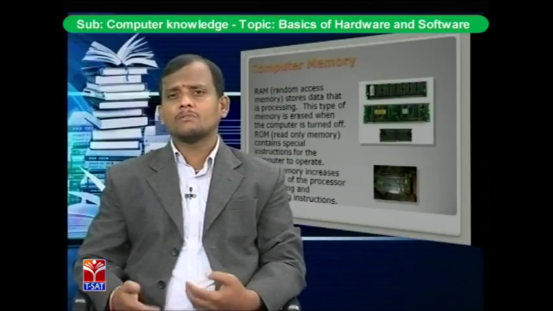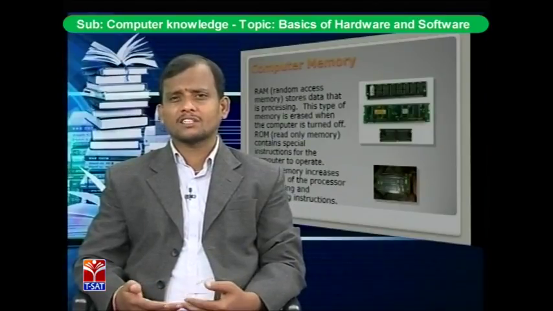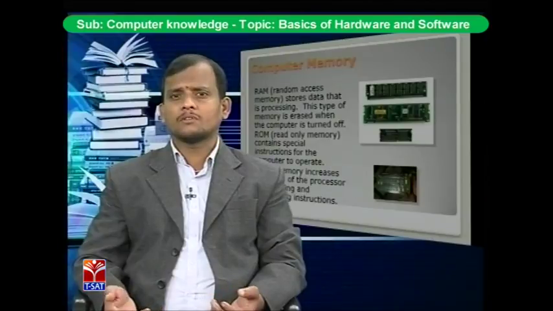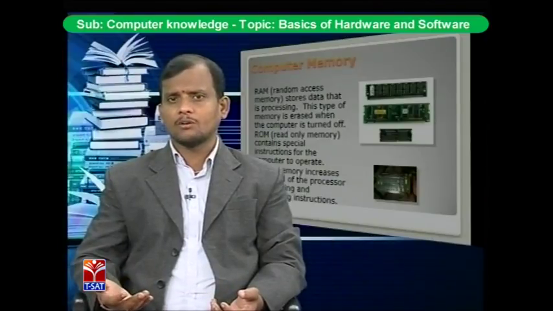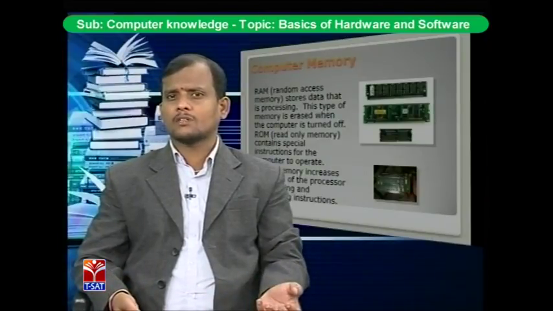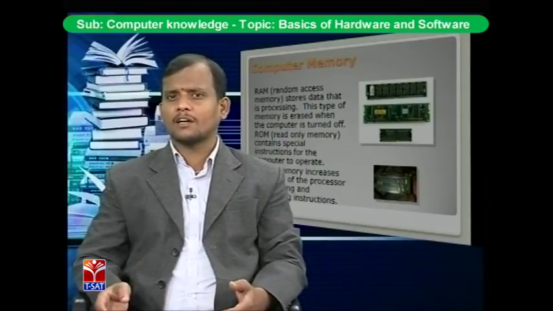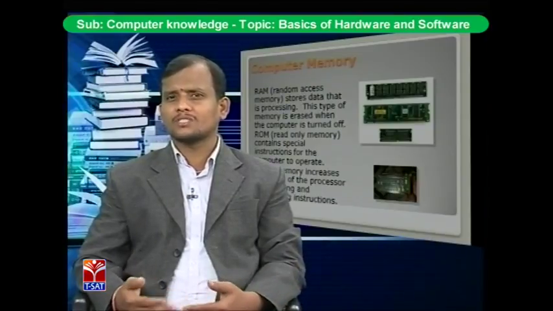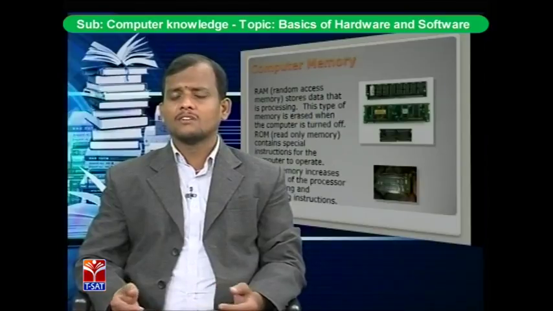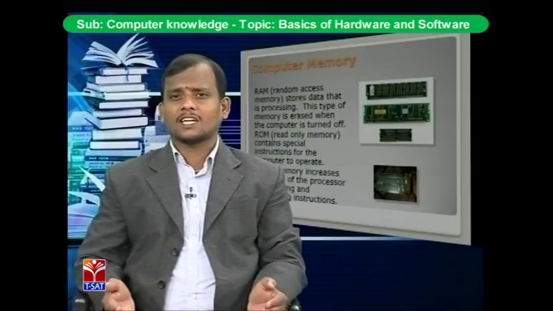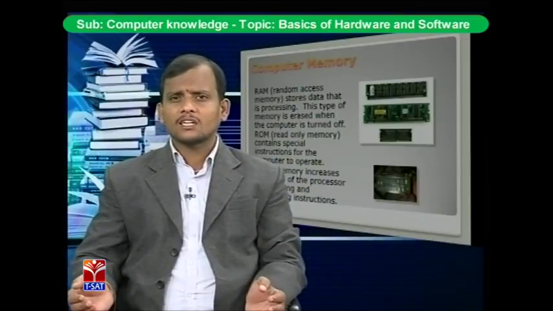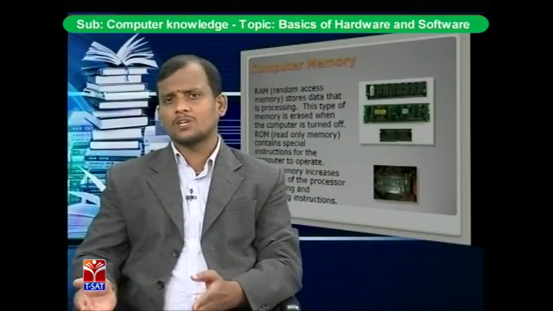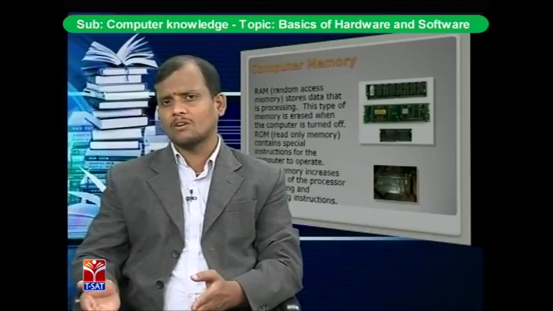Sometimes you will give back-to-back instructions to the computer, or you'll open a video, start browsing the net, or do some copy-paste. So parallelly you are doing all these activities, and all these instructions would be stored in the computer memory called RAM.